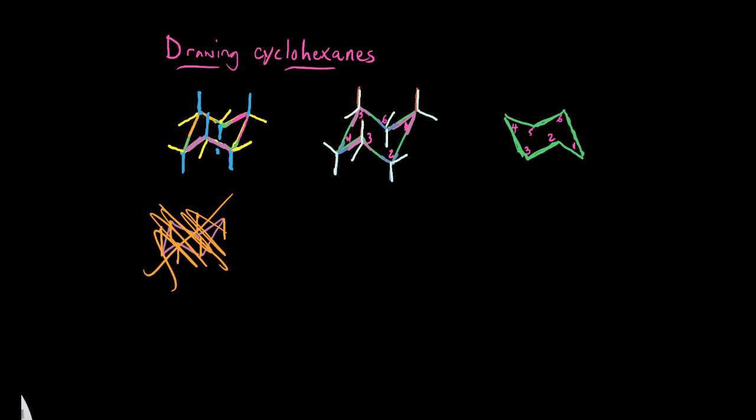Now that we've numbered the ring, let's just put in some substituents here. So I'll make this an isopropyl, and I'll make this one a fluorine, just for fun. And let's make this a methyl, and I don't know, let's make this one a tert-butyl.